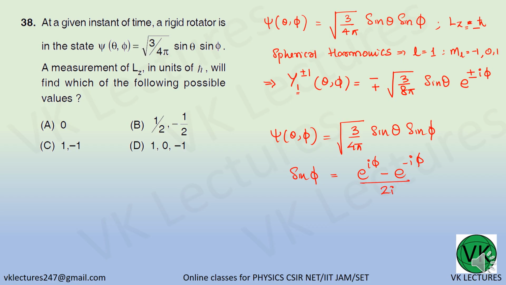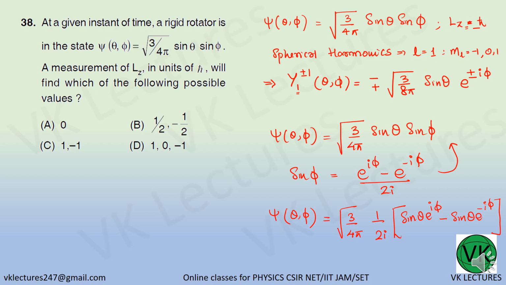Now put the value of sine phi here. Then we will get psi of theta comma phi equal to root of 3 by 4 pi, 1 by 2i into, we can bring sine theta inside, so it becomes sine theta into e to the power i phi minus sine theta into e to the power minus i phi.